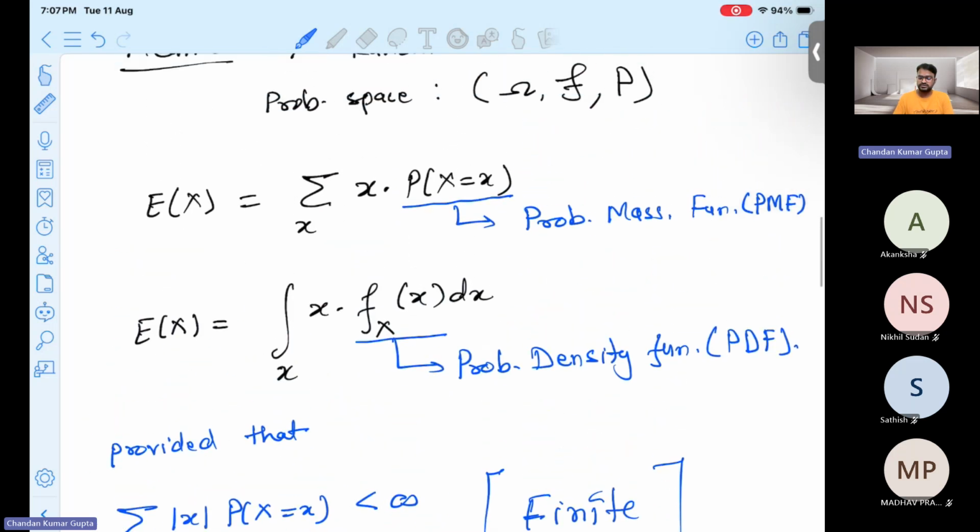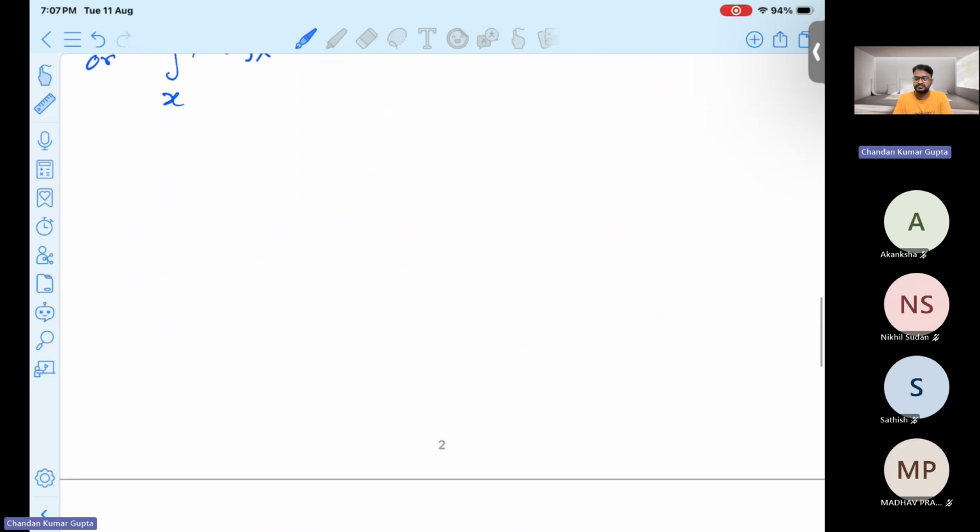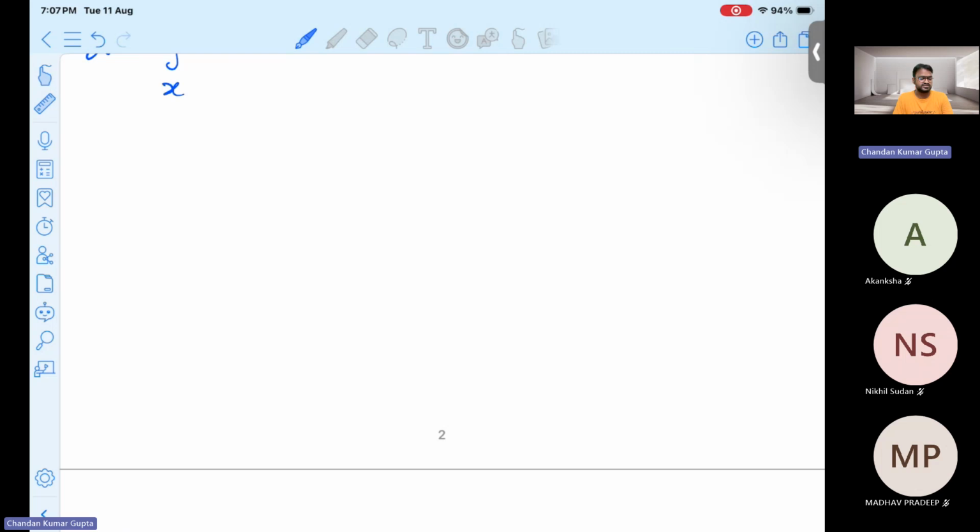In that case the expression defined above is the average value, the mean, the expectation of the random variable X. This has already been discussed.